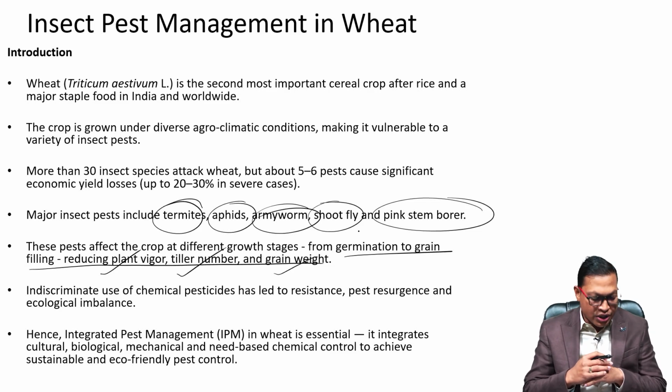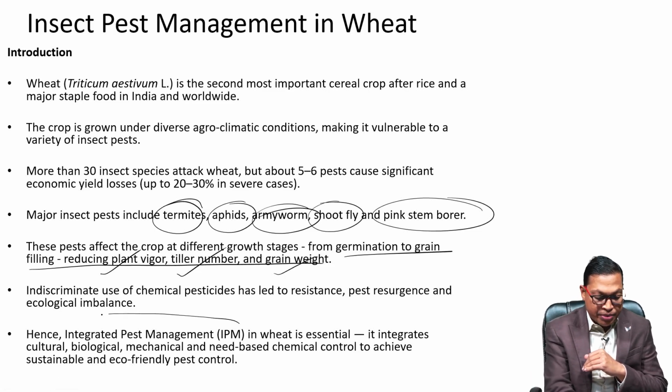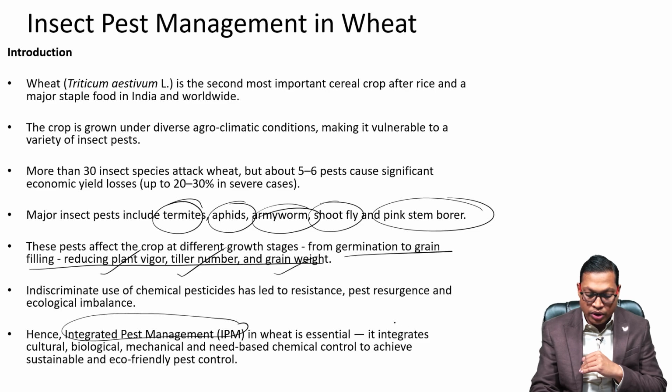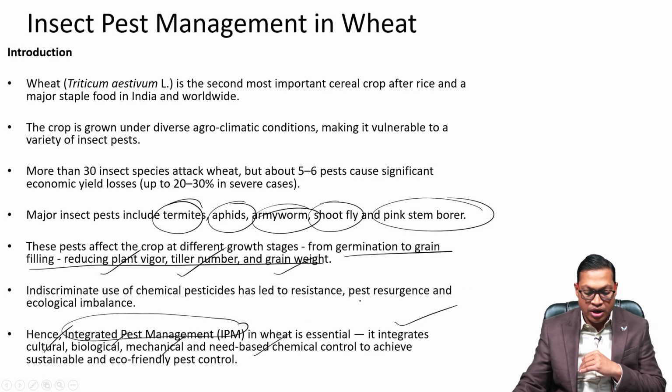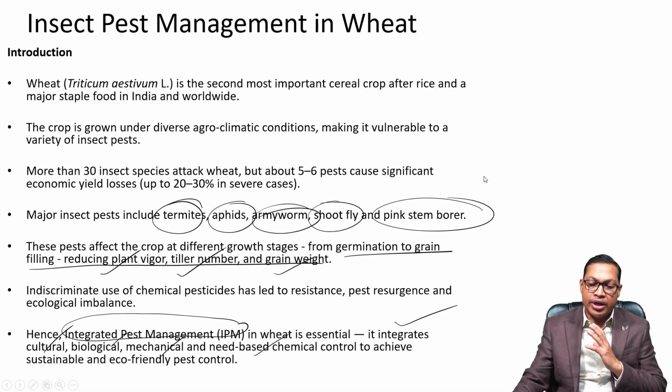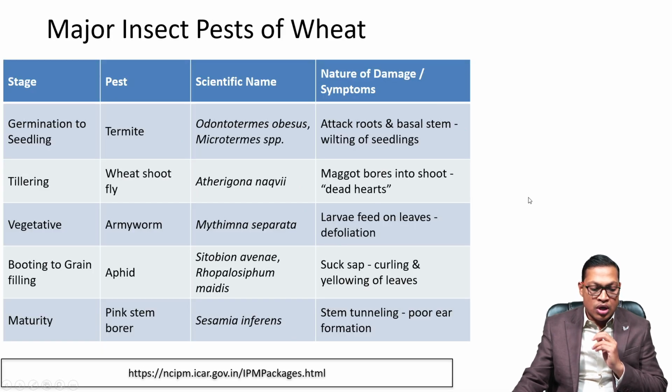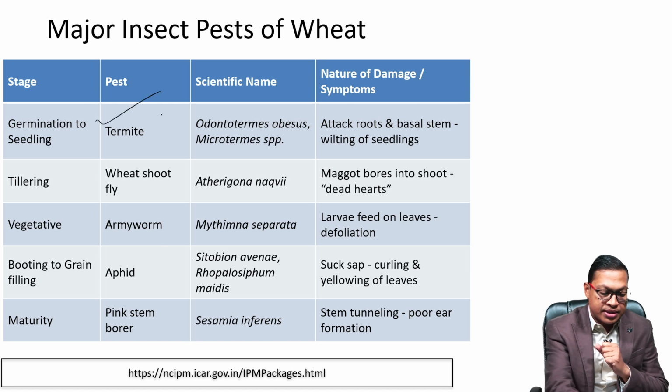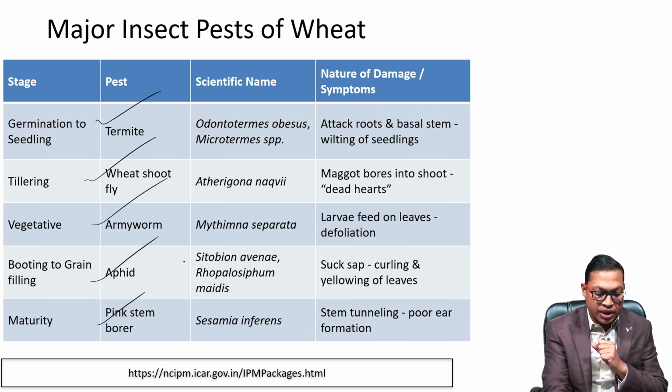So, in the case of wheat, we will use different types of strategies. Integrated pest management is also good. It integrates cultural, biological, mechanical and need-based chemical control to achieve sustainable and eco-friendly pest control. These are the major attackers: termites, white soot fly, armyworm, aphids, pink stem borer.